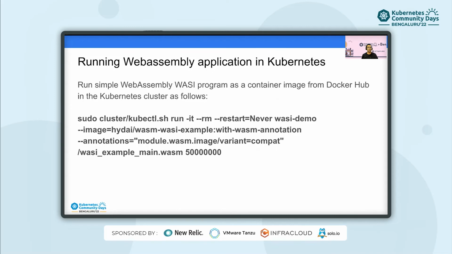And then for running the WebAssembly application in Kubernetes, we'll take a simple WebAssembly WASI program that is currently a part of a container image that we are fetching from Docker Hub. And we are going to be running it in the Kubernetes cluster. So you can follow this particular command to run this so that it fetches the container image from Docker Hub and then actually runs it on the Kubernetes cluster.